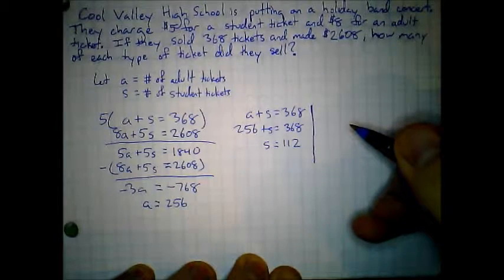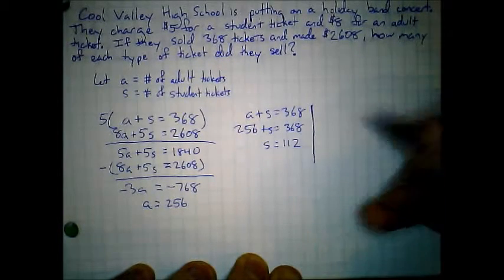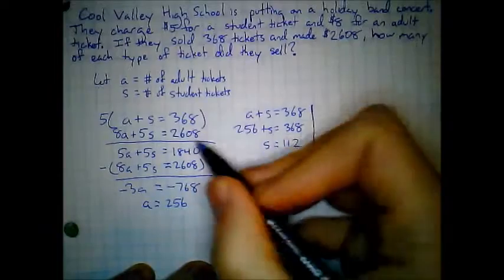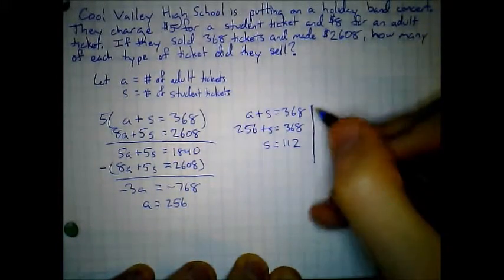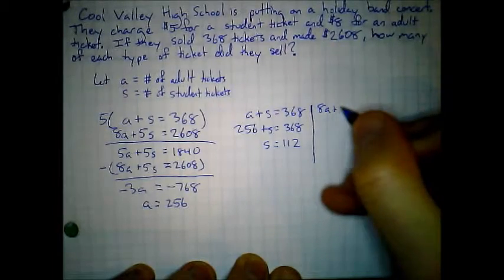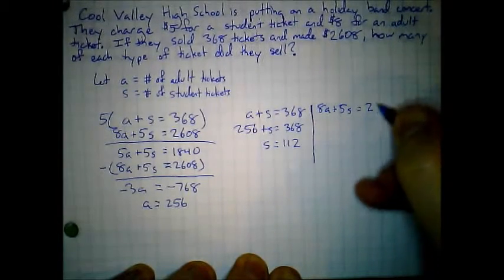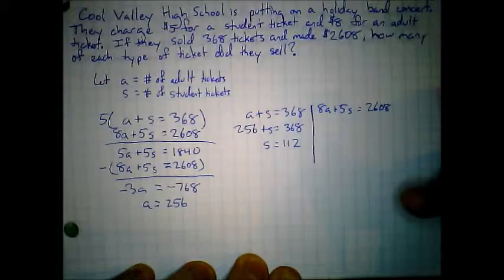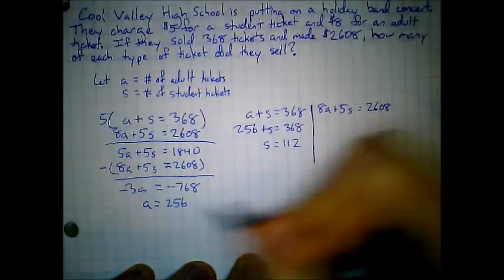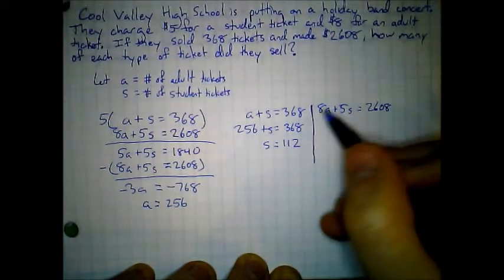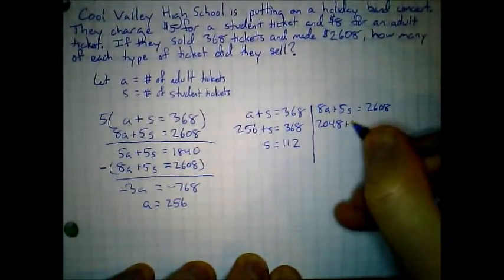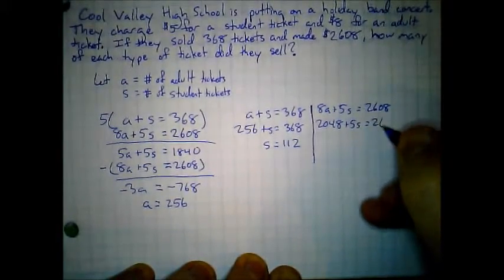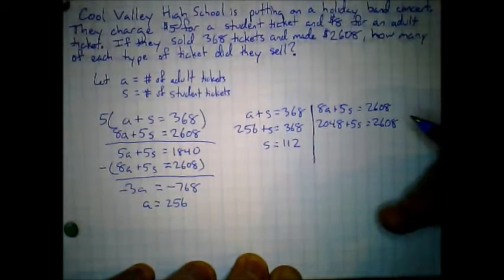Okay, and we just want to double check to make sure this makes sense with our other equation. Okay, they got $2,608. So our other equation is 8a plus 5s equals 2,608. So if they sold 256 adult tickets, we're going to do 8 times 256 and get 2,048 plus 5s equals 2,608.